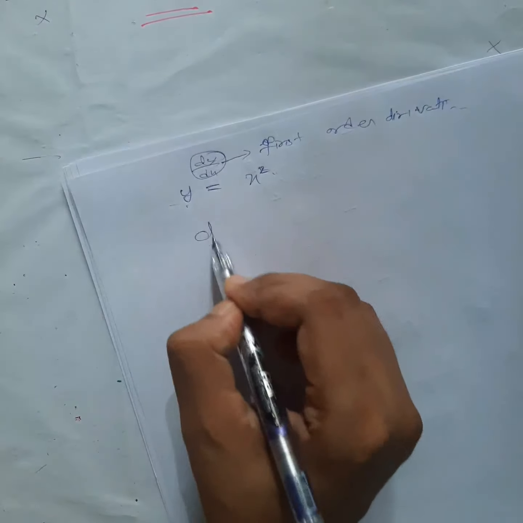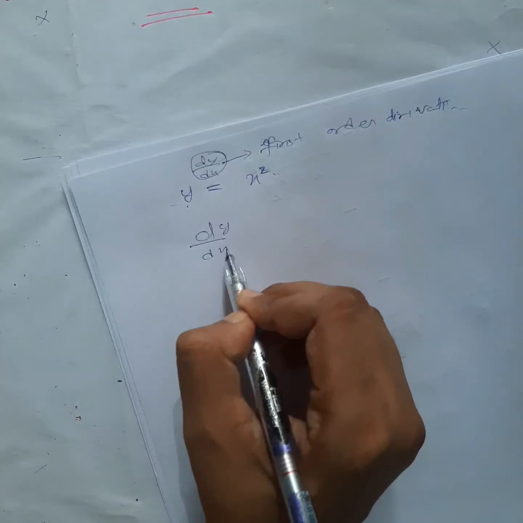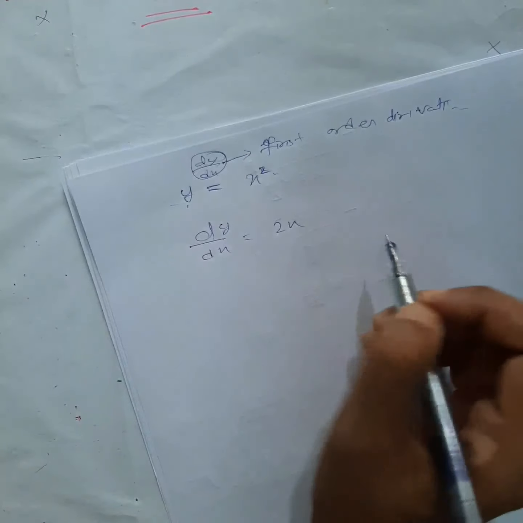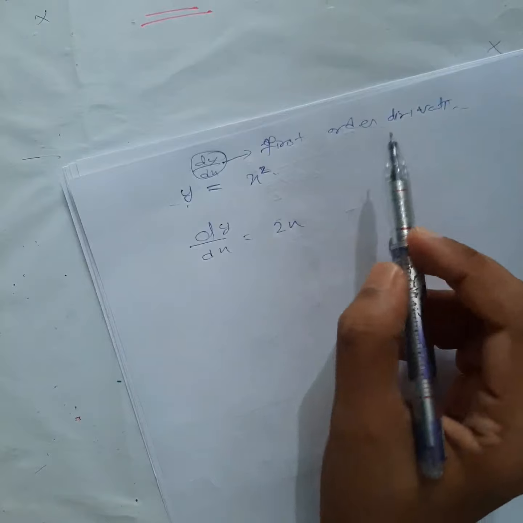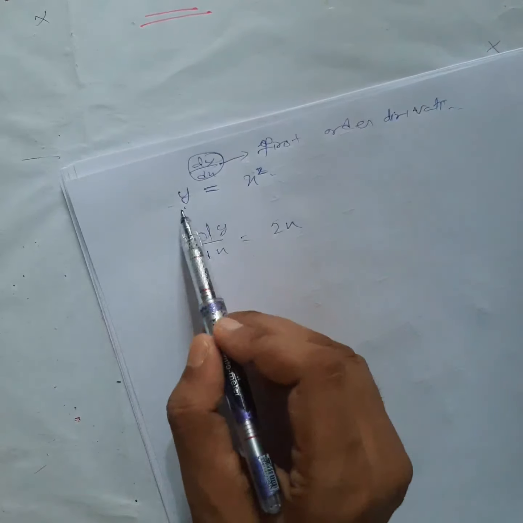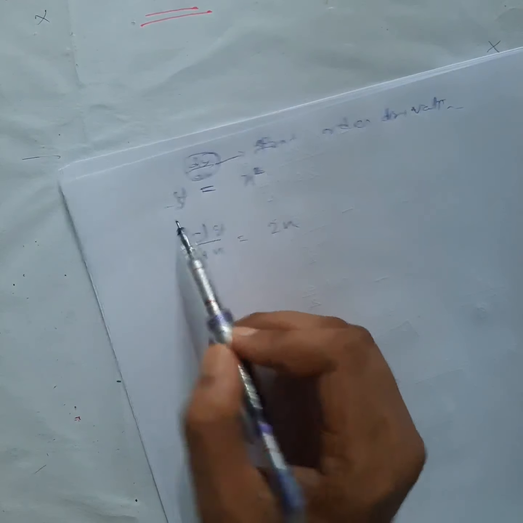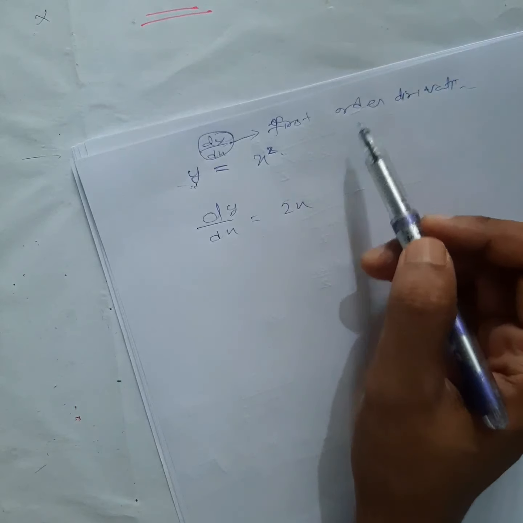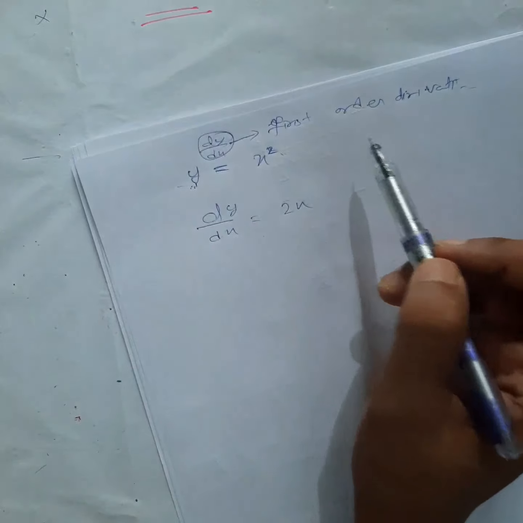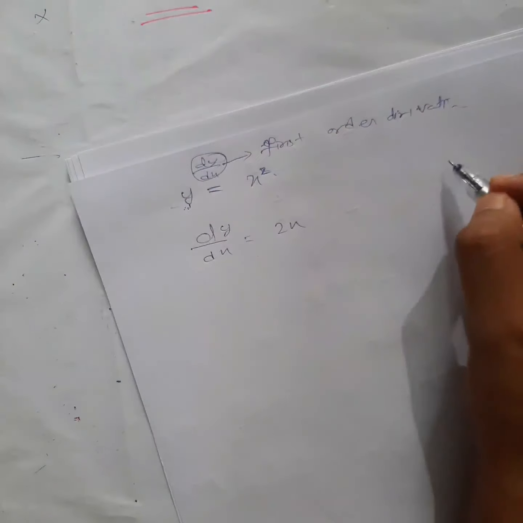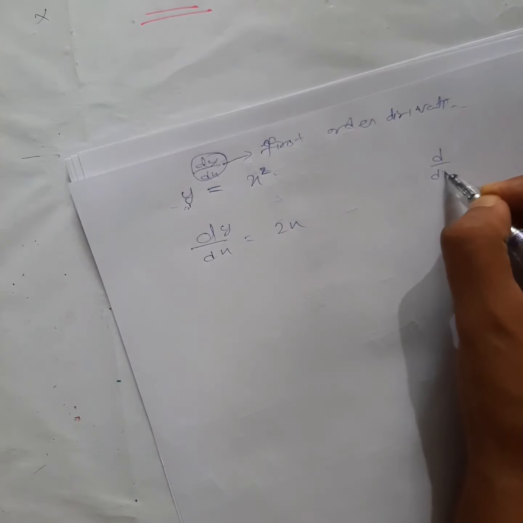If I differentiate with respect to x, dy by dx, what will you get here? 2x. Now when I ask you to find the second order derivative, it means you have to differentiate this 2 times.